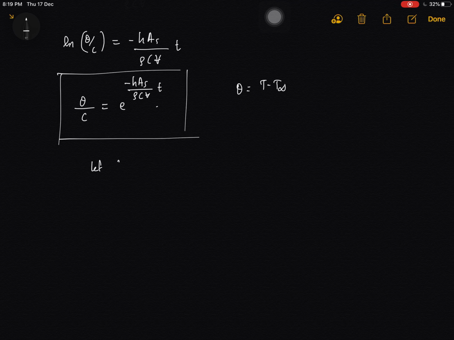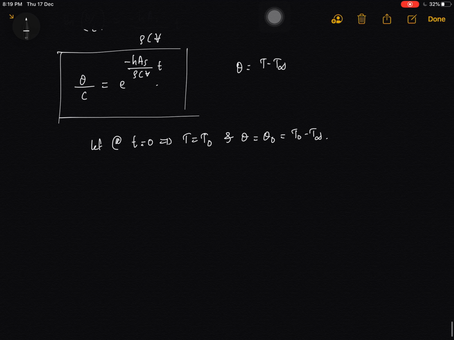To determine this constant c, let's assume at t equal to 0, T will be equal to T0, and theta will be theta 0, which is T0 minus T infinity.